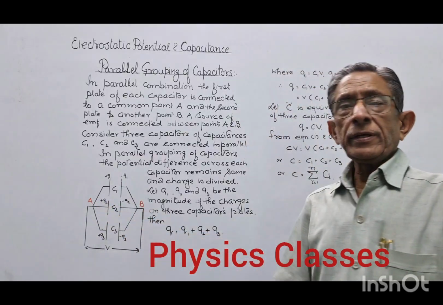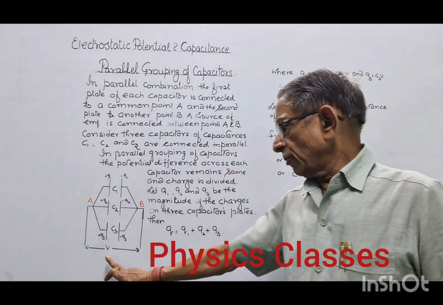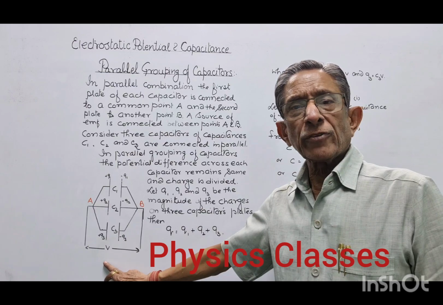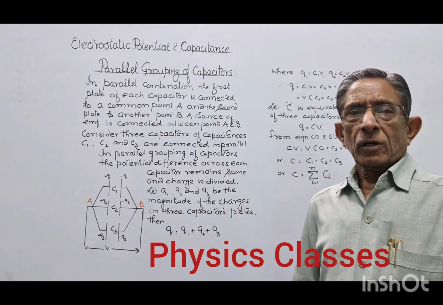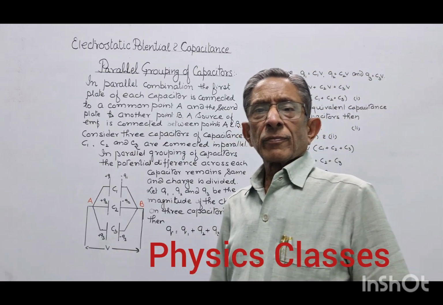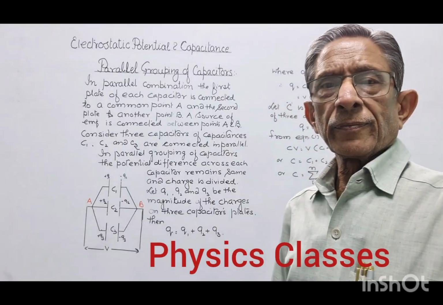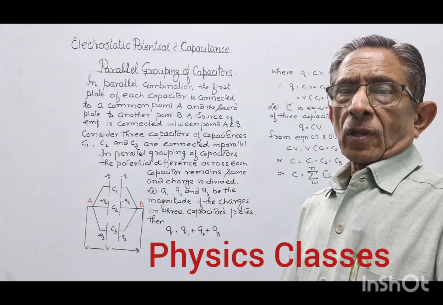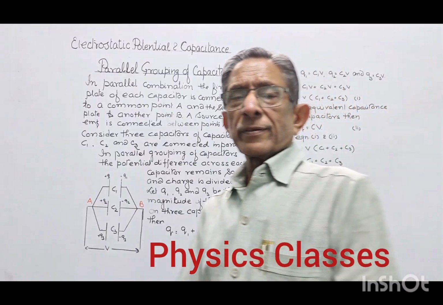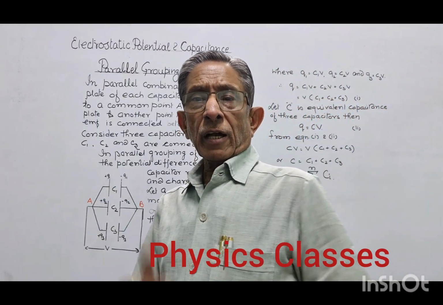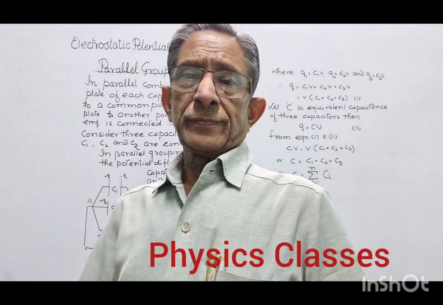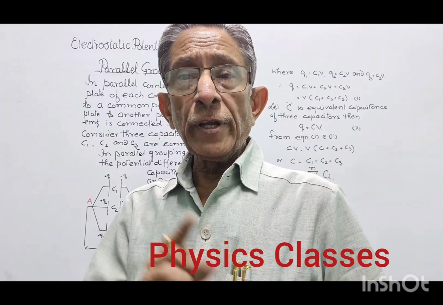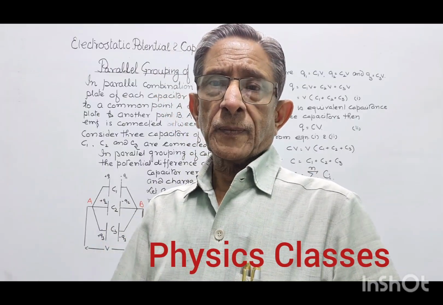Between points A and B, we apply a source of potential difference. So V is a source of potential difference connected between points A and B. Always remember that the conditions in parallel grouping are opposite to that of series.